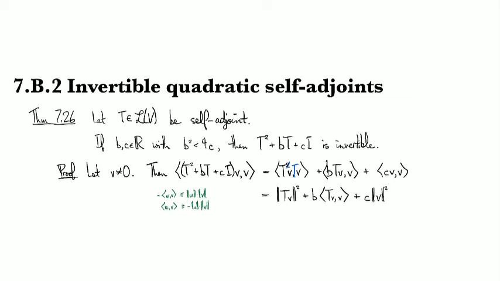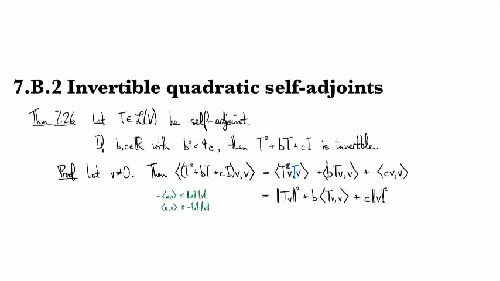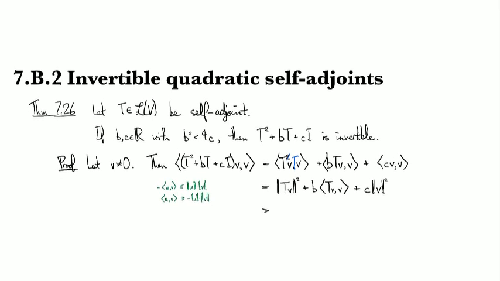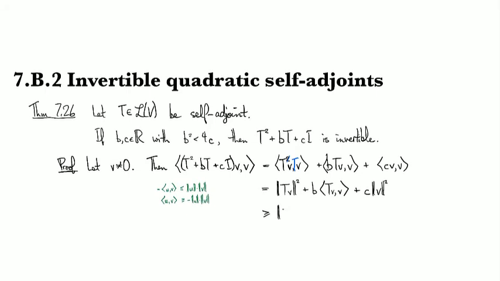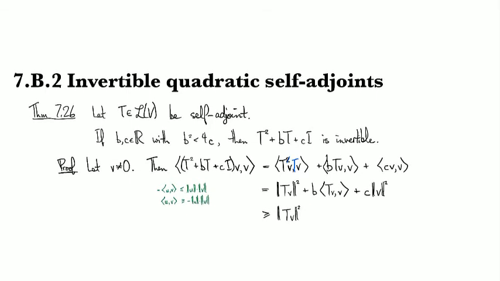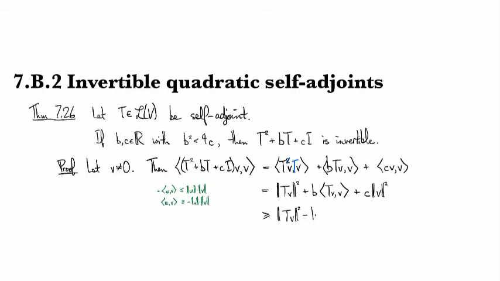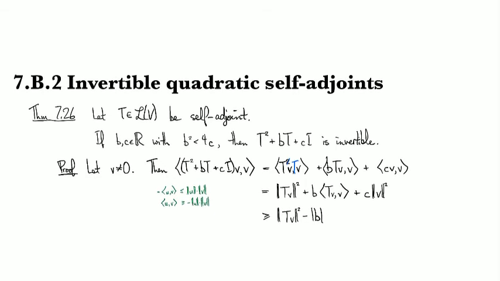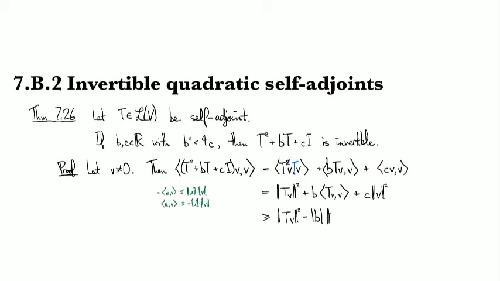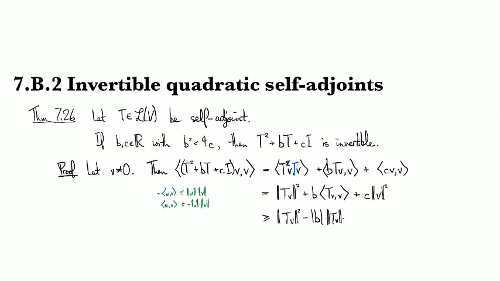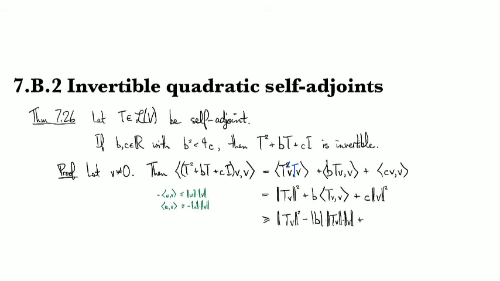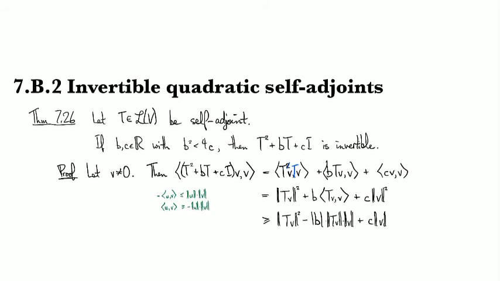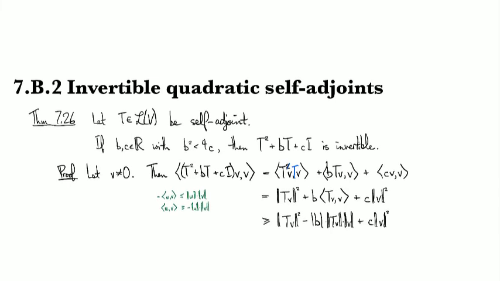And so then we can lower estimate this by moving downward. So this is going to be norm of Tv squared minus magnitude b norm Tv norm v, and then we still have that norm v squared term at the end.